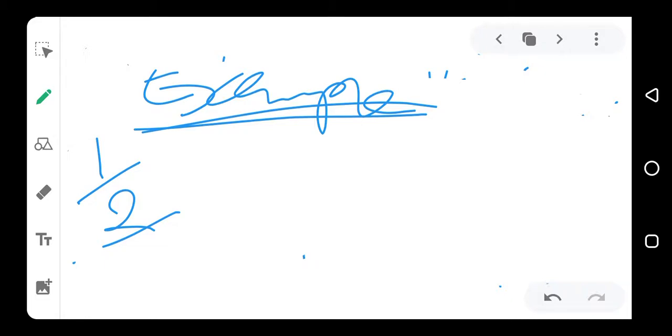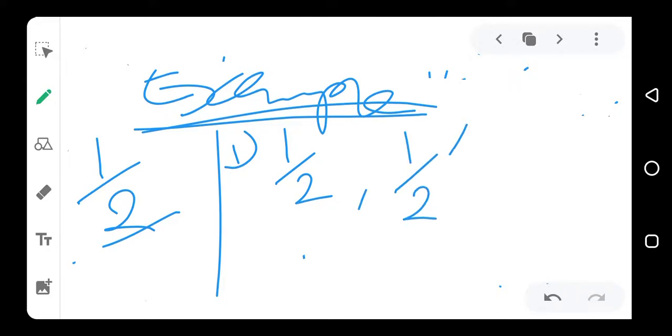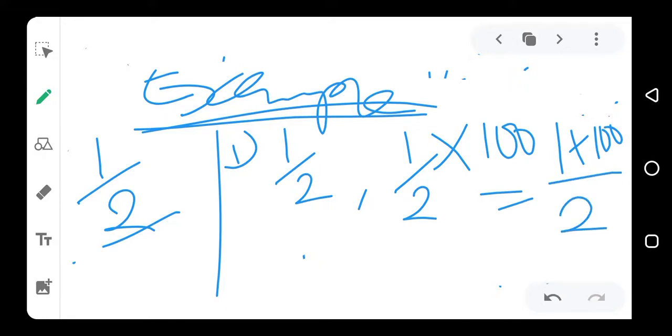Now, the first step is for us to write it down, which is 1/2. Then the second step is for us to multiply the numerator by 100. The numerator is 1, so we now say 1/2 times 100. That is 1 times 100 on top and then 2 below.